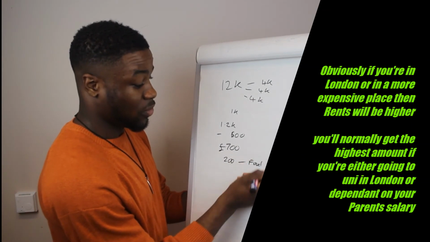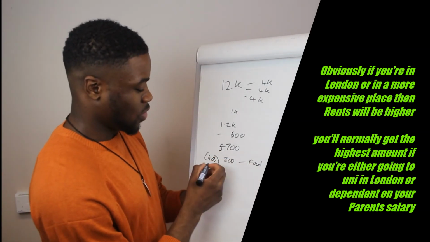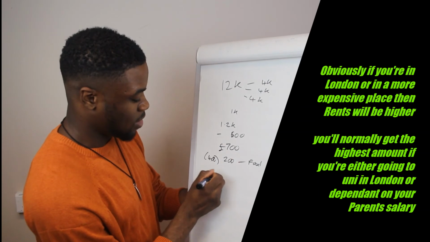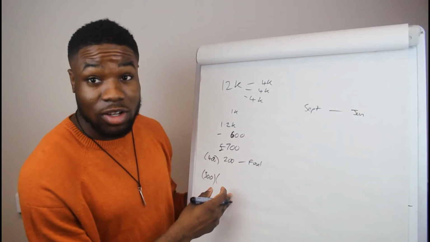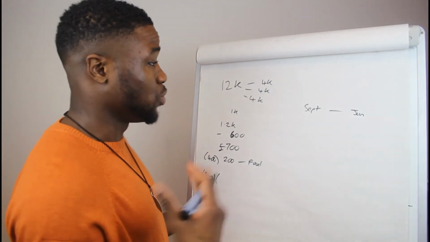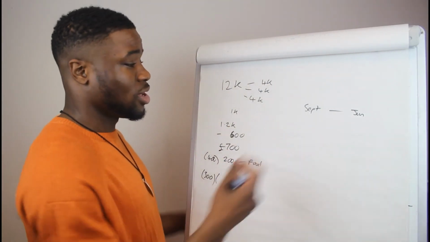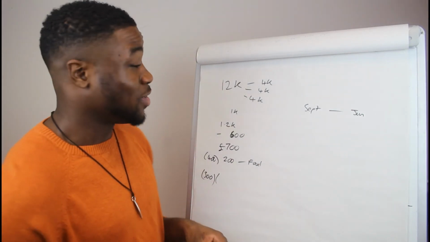For some of you it's about £400. You can get this to half if you learn how to cook. So if let's say it's £400, you have £300 left. But this is assuming you're living in London, or if you are already on benefits or something like that, then you probably get the maximum in terms of student loan. So that's just an illustration about how you can manage your money better, manage your accounts.